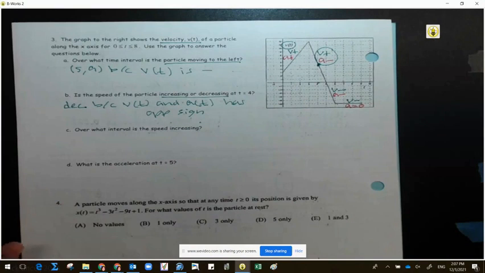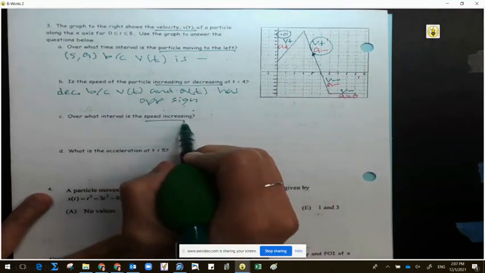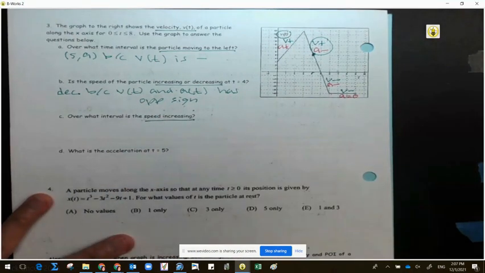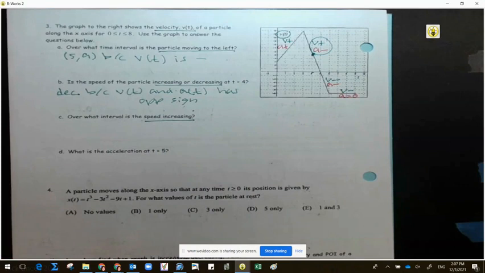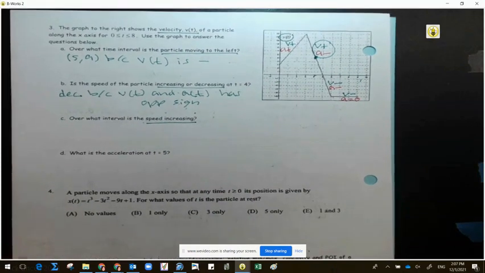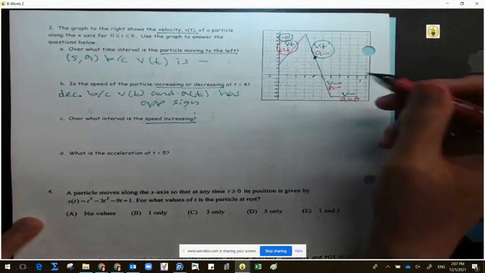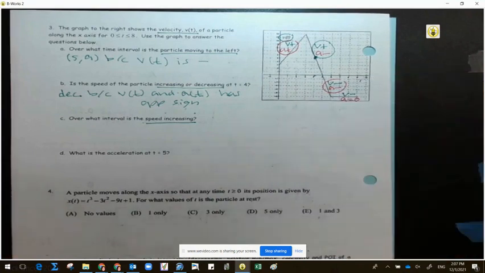All right, part C. Karis, let's read. So speed is increasing when the velocity and acceleration has what kind of relationship? Same. How many of the same locations do I have? 0 to 3. Do I have another one? 5 to 6. It's very narrow.